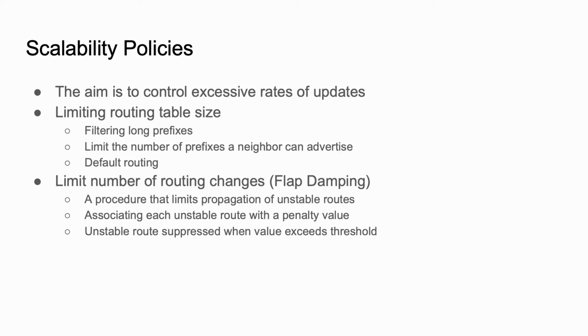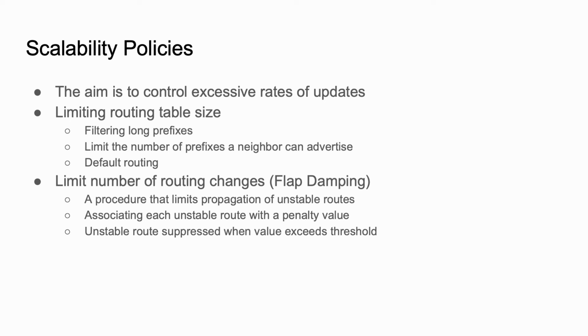In this slide, we'll cover the scalability policies that are important for stability in ISP routes. Malfunctioning routers and ISP misconfigurations can generate excessive update rates. This results in extreme overload in routers' processing and memory capacity, causing failures, outages, and unstable routes.